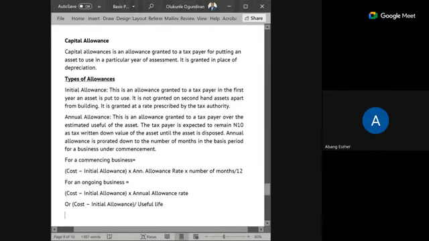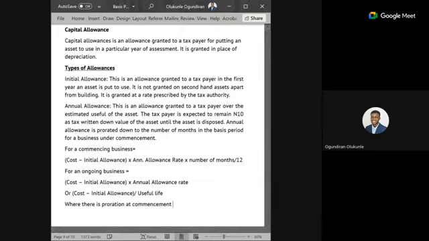Yes, sir. Now, in the case where you prorate at commencement, the subsequent year will be your tax written down value for the first year divided by the remaining useful life.